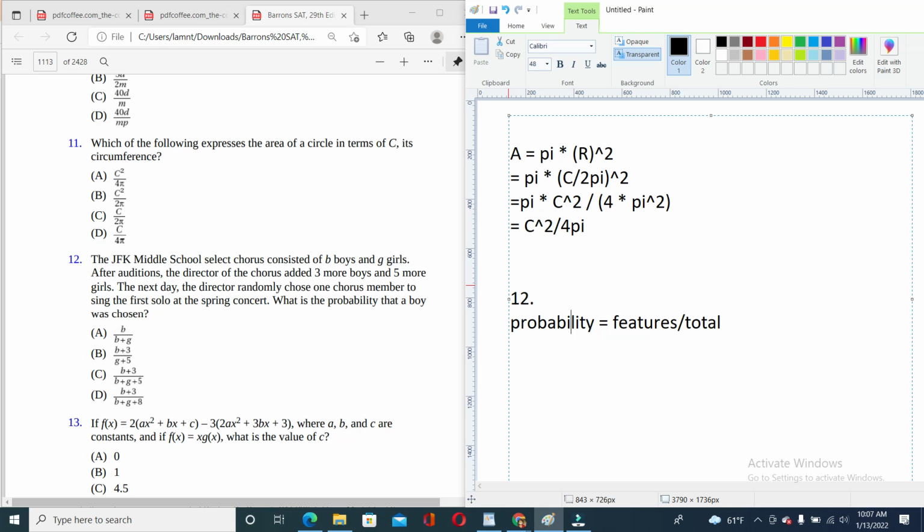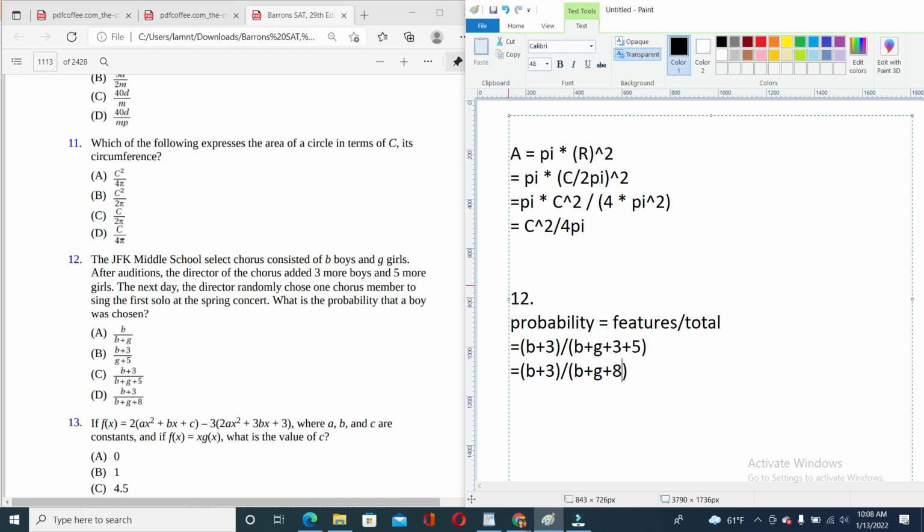So in this case, how many boys do we have? We have b boys initially, and we added 3 more boys, so the feature is b plus 3, and we divide that by the total. How many do we have in total? We have b boys, g girls, and we add 3 boys and 5 girls, so it's b plus 3 over b plus g plus 8.